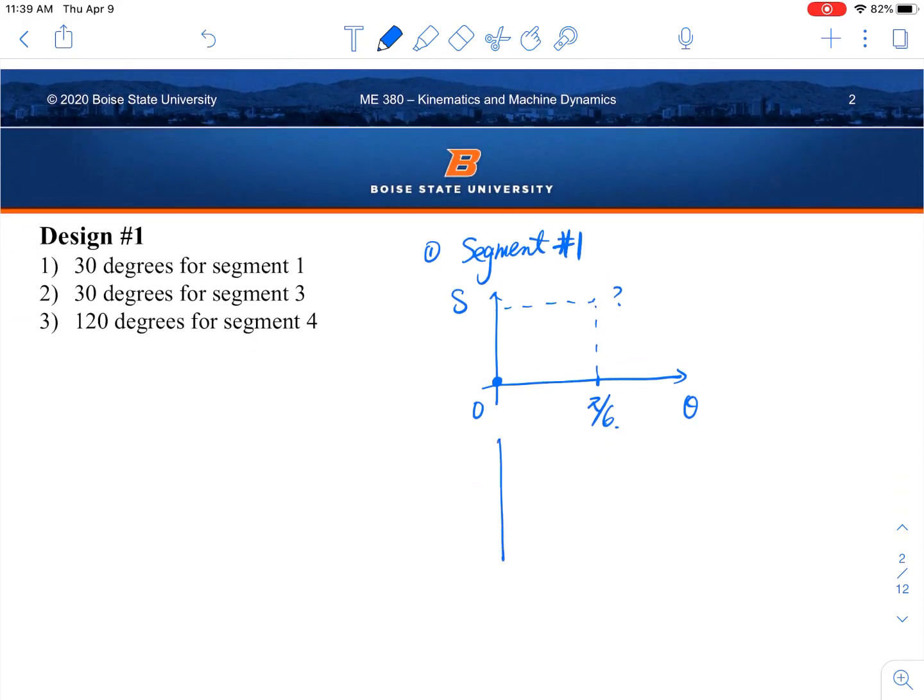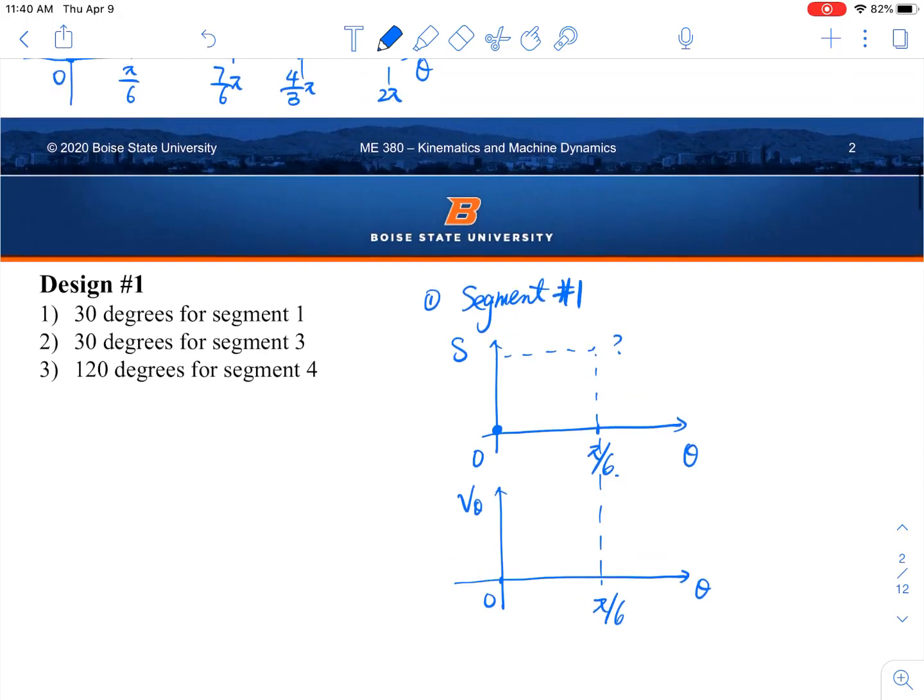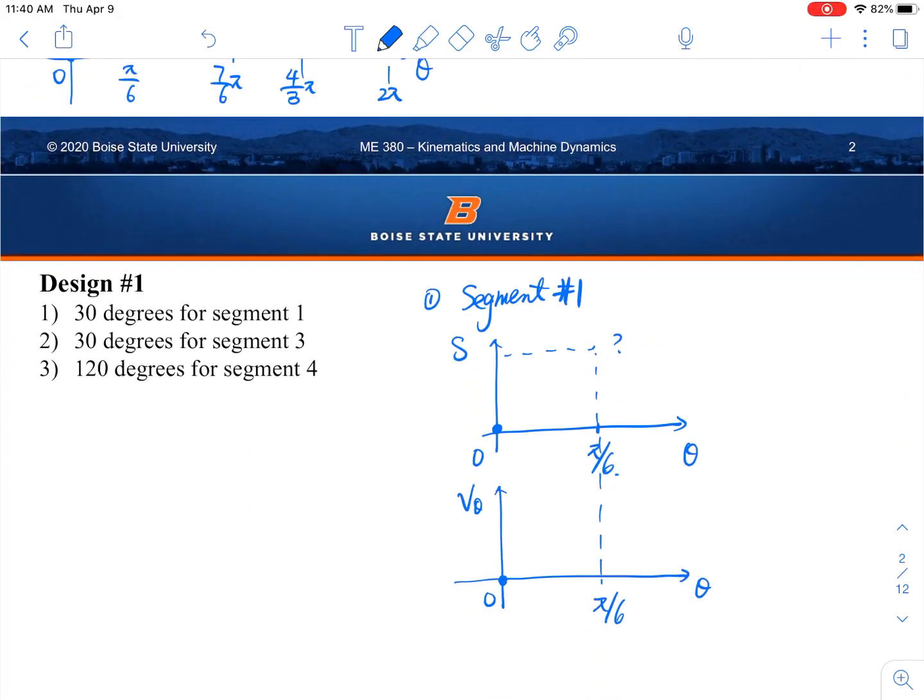All right. So the second plot is V versus theta. V starts from 0, the same 1/6 pi. And then we know that the velocity is initially 0. And then we also know that it ends up somewhere at VH, right? Because that's the constant speed we want to achieve.